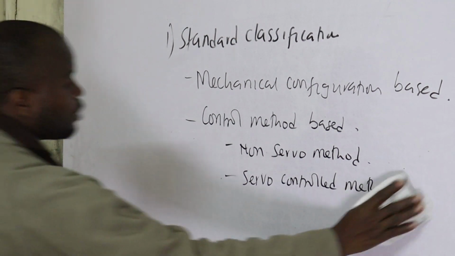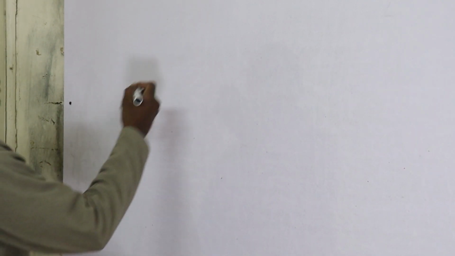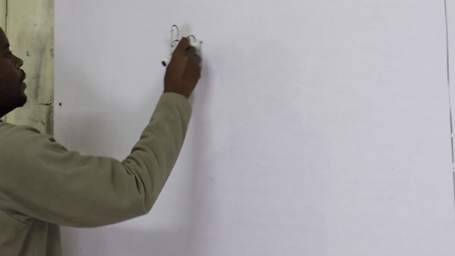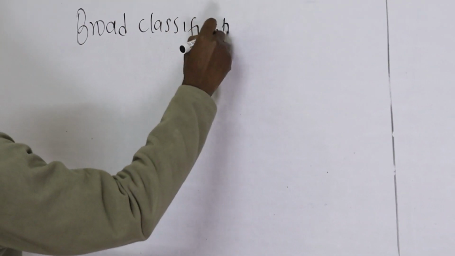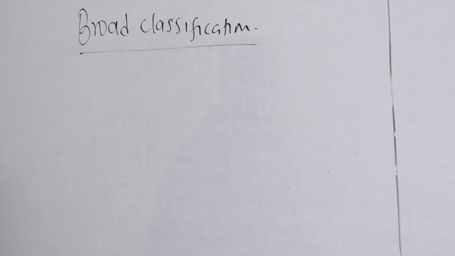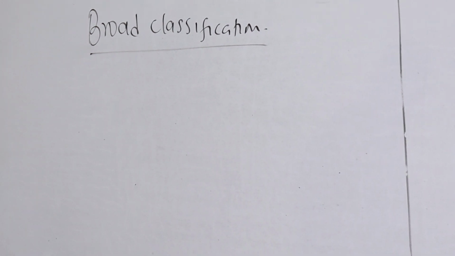We can go to the second one, which is what we refer to as broad classification. Under broad classification, we can divide robots into three.